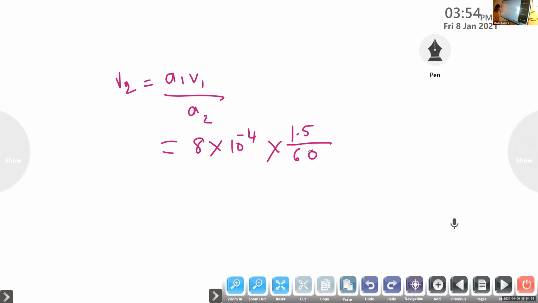All divided by A2. The hole is circular, so it should be pi r square. The diameter is 1 millimeter, so the radius is 1 by 2 into 10 to the power of minus 3. Pi r square.